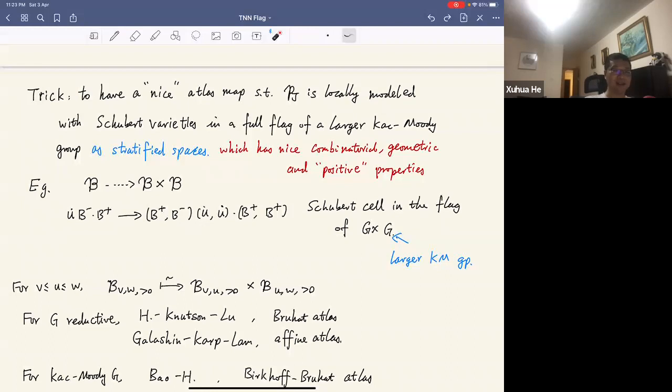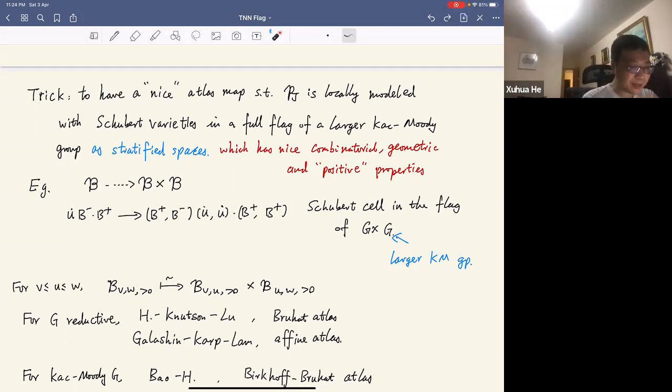So in some sense, we make this Kac-Moody group larger and more complicated to understand. In the beginning, the partial order and the gluing are in a very twisted way. However, we use this local model in the larger Kac-Moody group, and we consider the full flag, and then the closure relations and how these cells are grouped together are in some sense more flat.